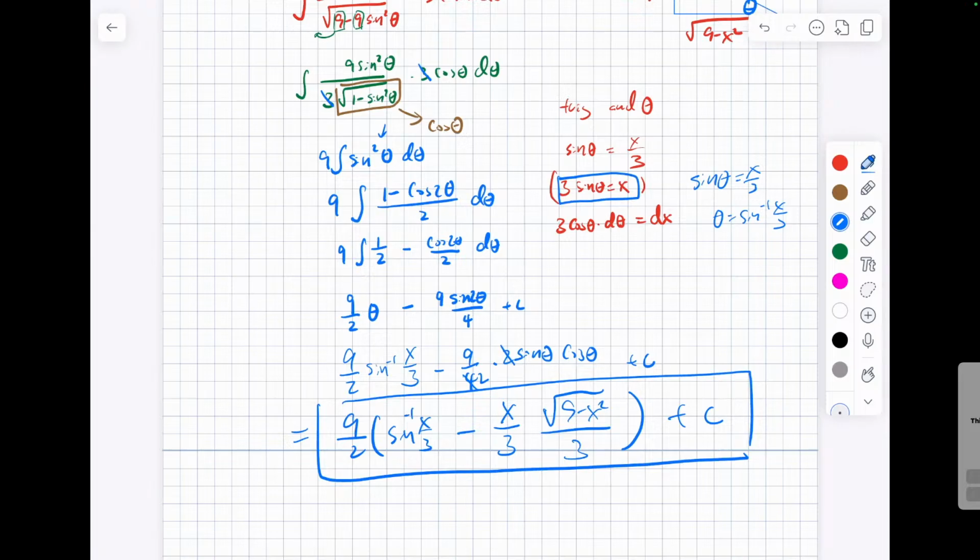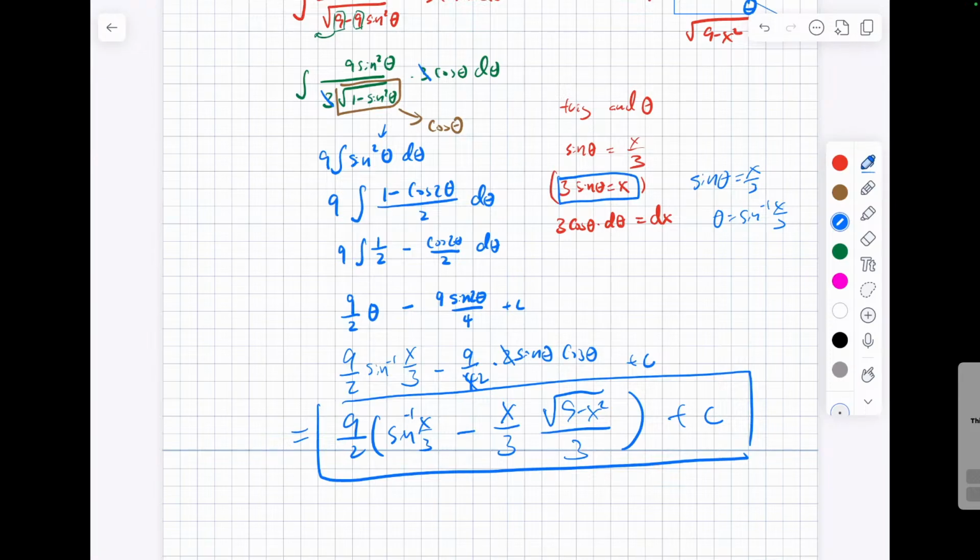Would you combine the x over 3 times the square root of 9 minus x squared over 3?